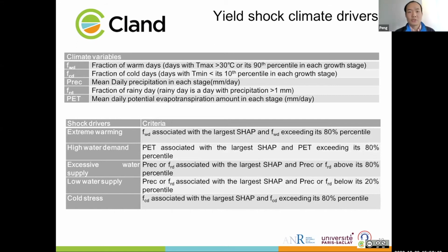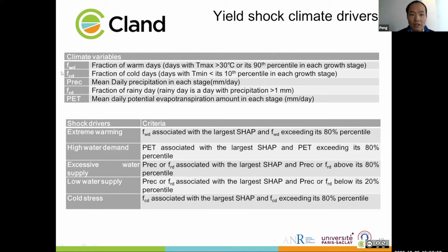And this table shows the 5 climate drivers of yield shocks we considered in this research. With the Shapley model, we can get each variable's relative contribution, and then we can identify the primary climate driver.